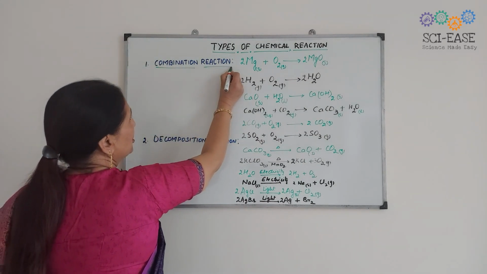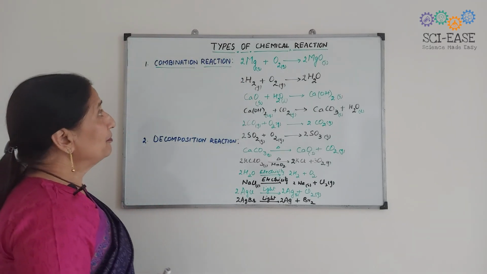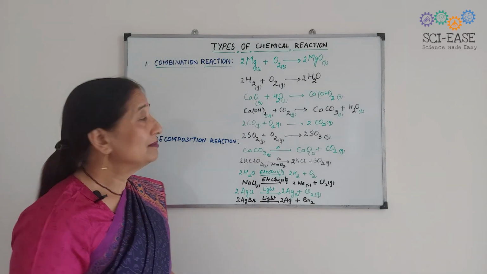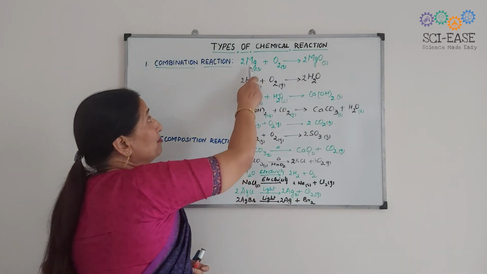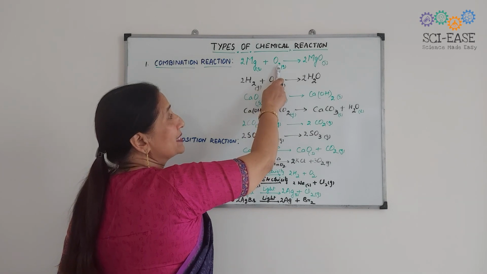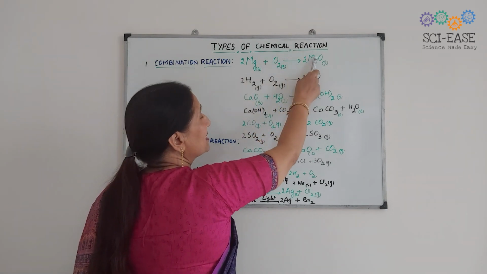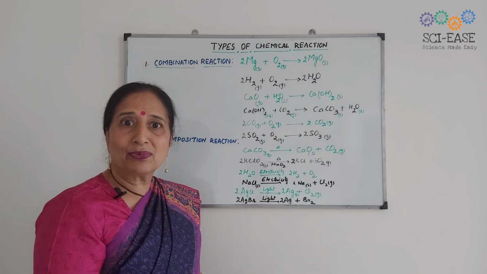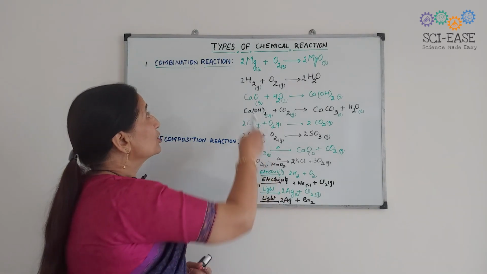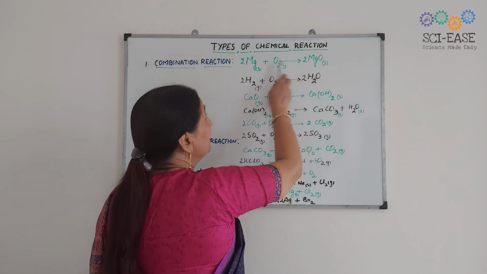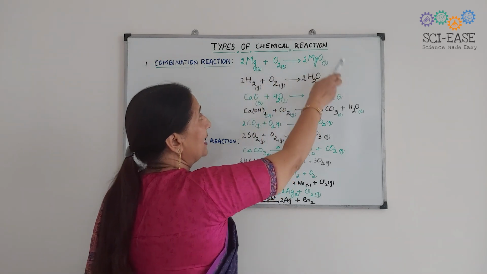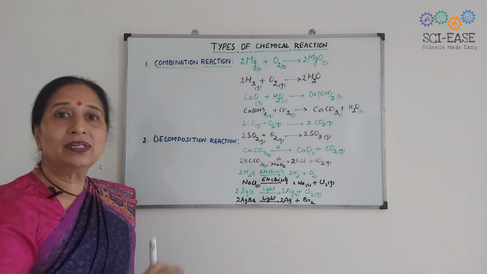So we are discussing this combination reaction. In the first reaction, that is burning of the magnesium ribbon, Mg is the element, O2 is the element, and they will result in the formation of some compound, MgO, ash, that will be formed. So here the 2 elements combine together and result in the formation of a compound.